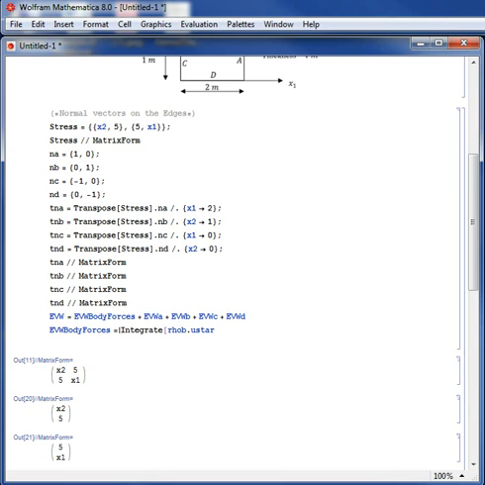It should be equal to 0, but I'm just including it here because in your assignment the rho B vector is not 0. So external virtual work for the body forces is integrated on x1 from 0 to 2, on x2 from 0 to 1, and on x3 from 0 to t.